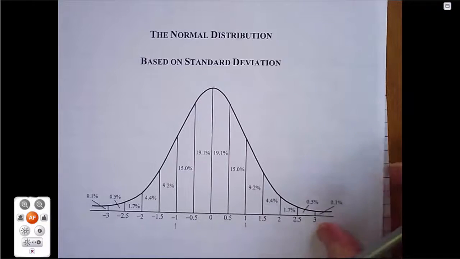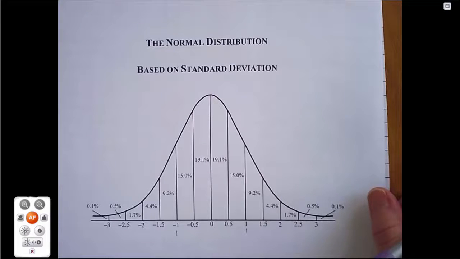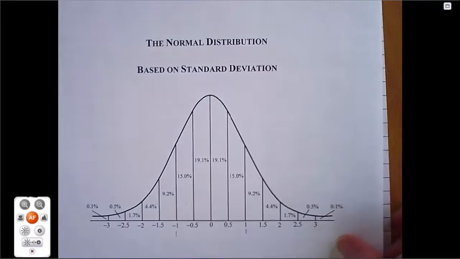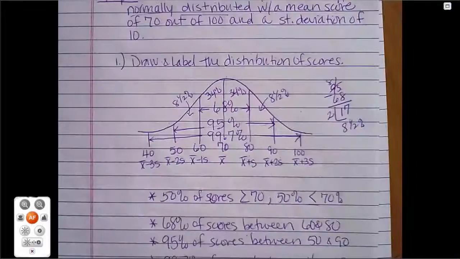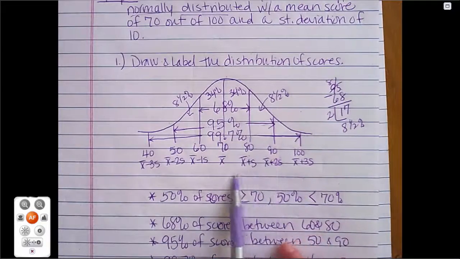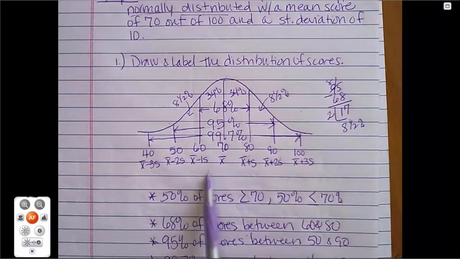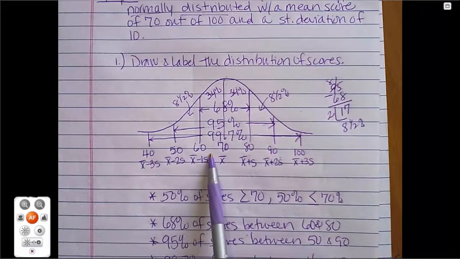But just to practice a little bit, to prepare you and to help you understand a little bit more about this normal model, we could take that information that was given to you about these nationwide test scores, and we could ask about more specific values, like what percentage of people pass the test, say.